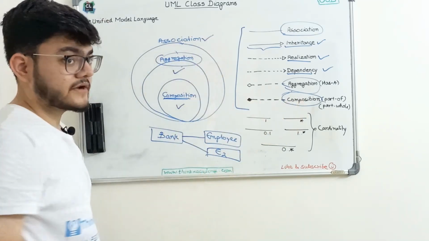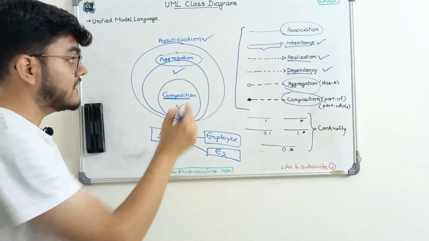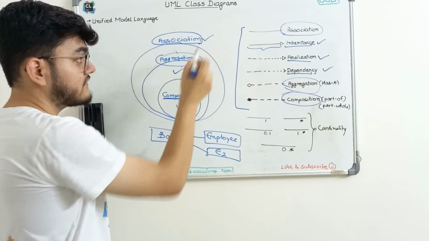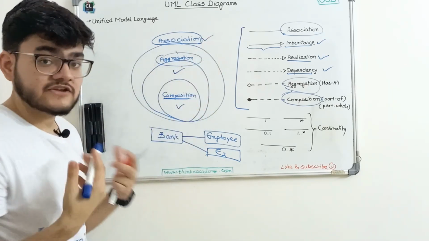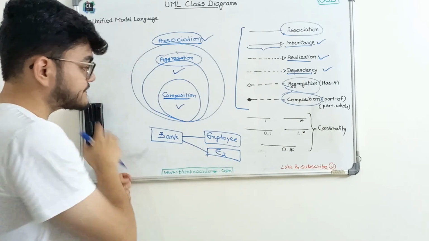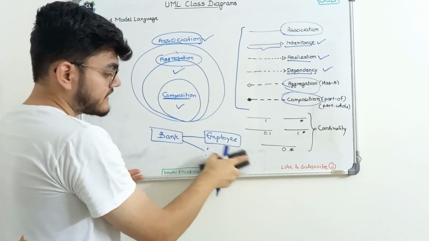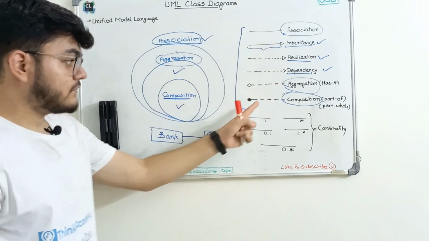Now association is holding true, so we are not going to say that bank and employee have an aggregation or composition relationship. We always try to see where we have reached the true position. At the position association, we are still getting the condition right. So now bank is actually associated with the employees, right? This is how we can represent different relationships. You can construct your own different examples to get these types of relationships.